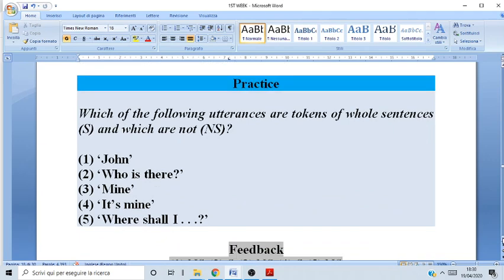So look at this practice over here. Which of the following utterances can be sentences and which ones cannot? Number 1, John. Number 2, who is there? Number 3, mine.